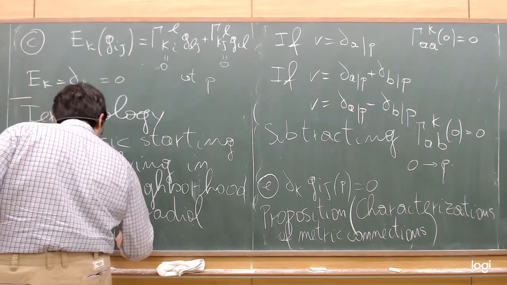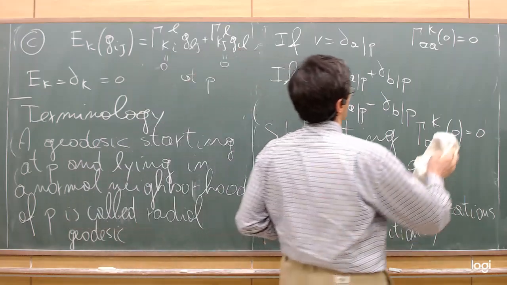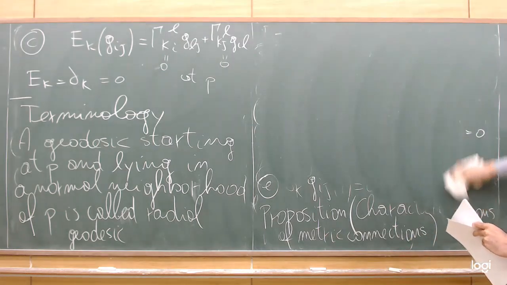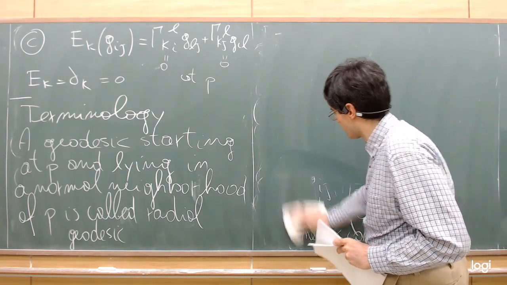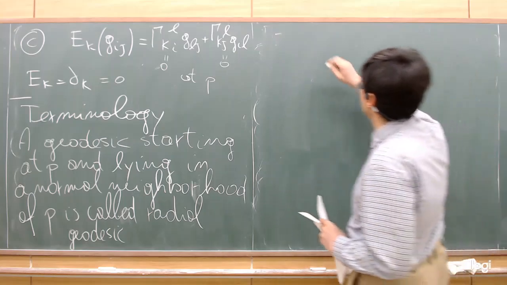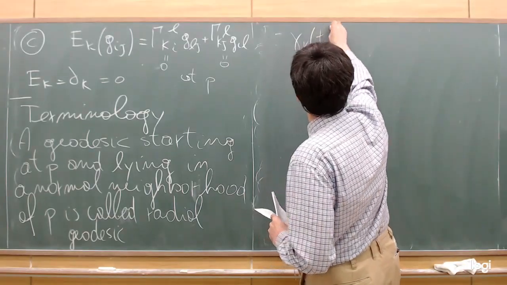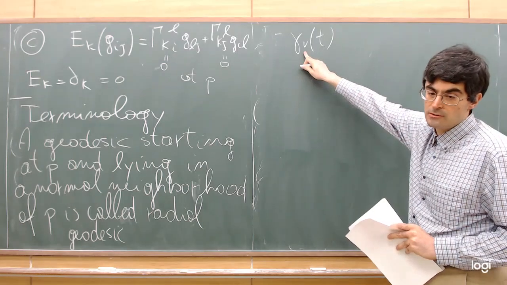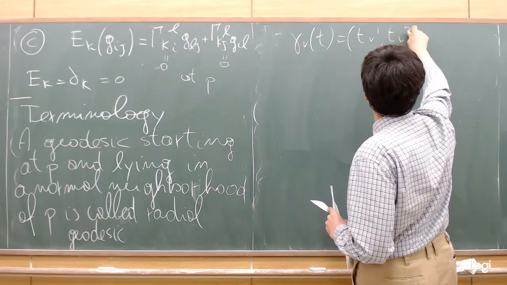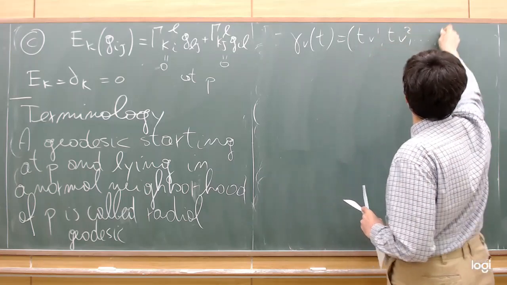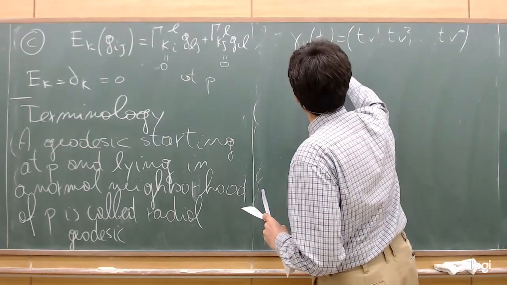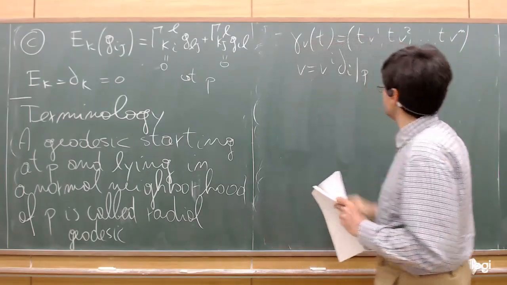The reason of this is that in local coordinates, if v is the initial velocity vector, this is tv1, tv2, tvn, where v is vi delta I p.